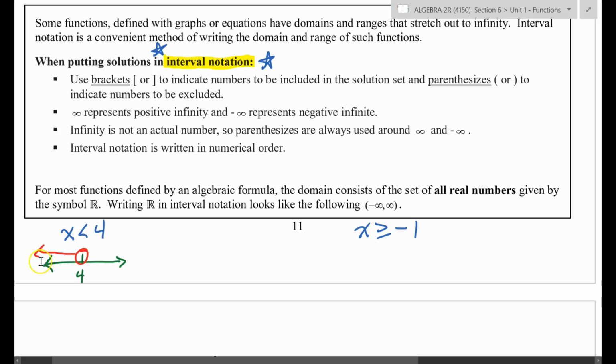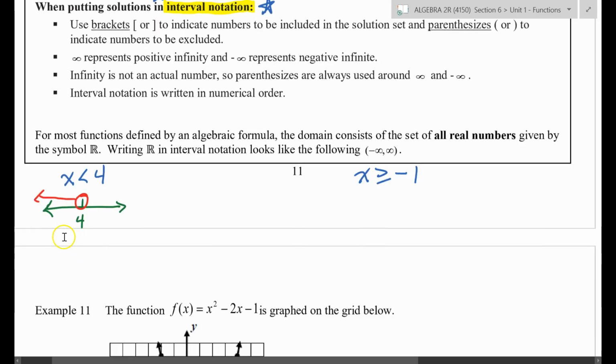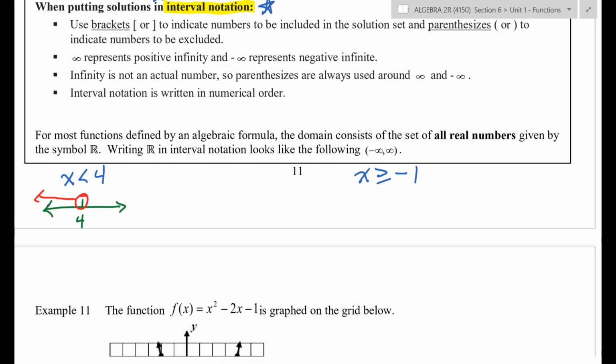So if I asked you guys to now write the interval, where does this graph start? Well, this arrow means it keeps going to the left, and it keeps going to the left, and it keeps going to the left. And so the answer is it never starts.